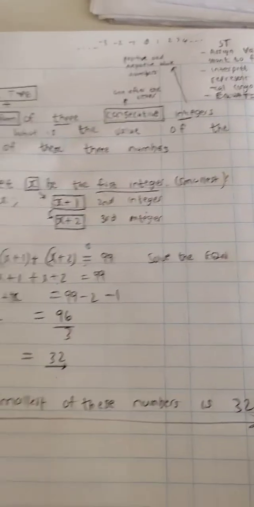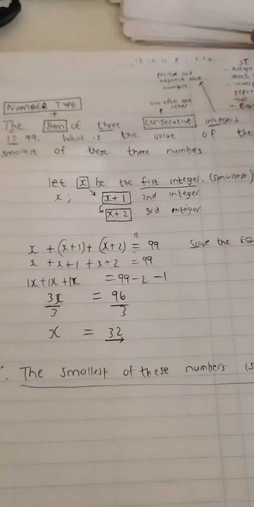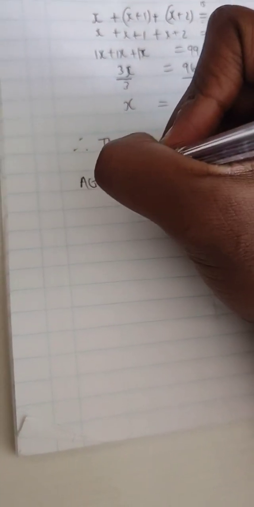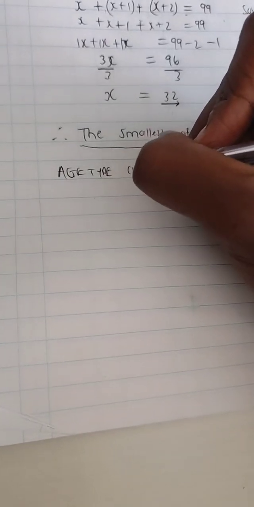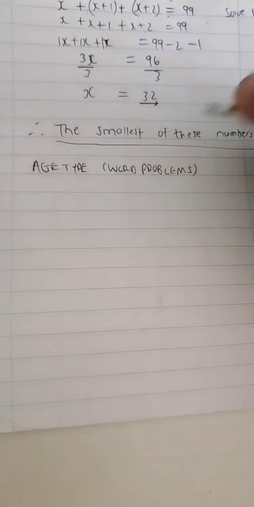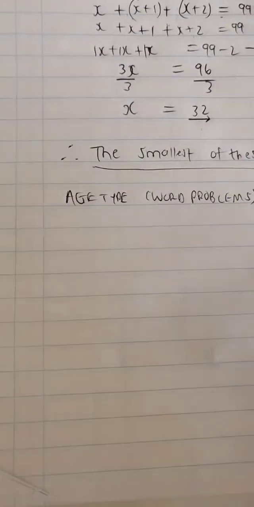These are your number type of word problems. Okay, now let's change the channel a little bit here and look at your age type of word problems, and then see what that has to bring for us.